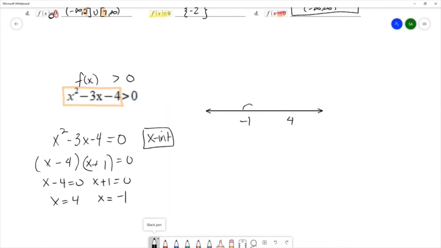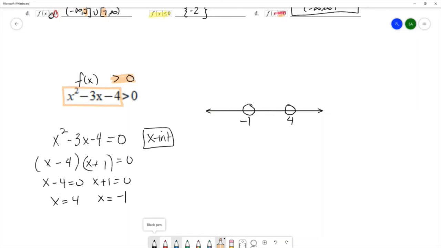And I'm going to mark them on the number line with open circles. Open circles because we don't want those. Our example here is only greater than 0, not equal to 0. Equal to 0 would be those x-intercepts. We don't want them.